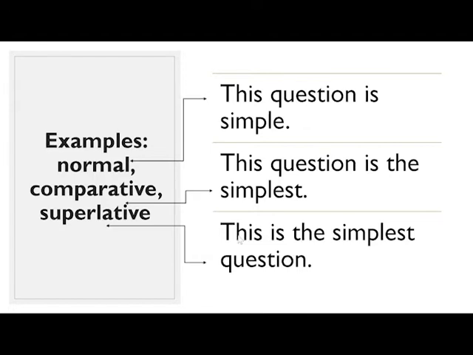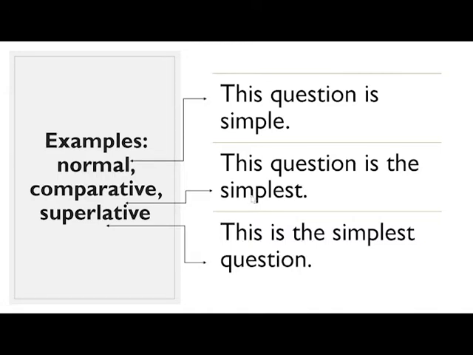We can say this is the simplest question, or this question is the simplest, or this question is the simplest of all, which tells you that the question we're talking about is very, very simple, simpler than any other questions, the simplest of all.